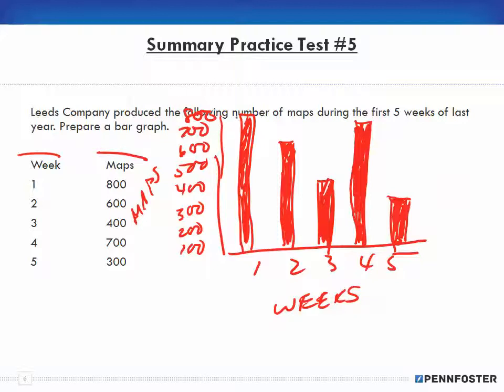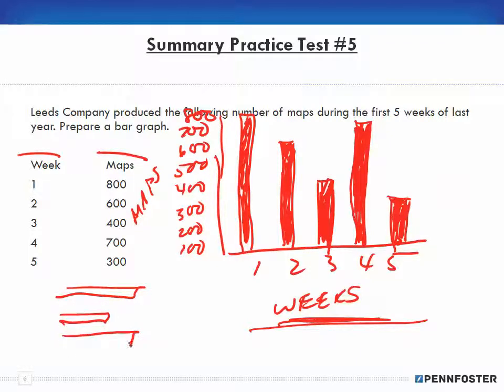It said here, Leeds produced the following number of maps during the first 5 weeks of last year. So intuitively we're looking at the weeks, and that's what we want to go across the bottom. I mean, we could have put the weeks up the side, but then our bar graph would have ended up looking like this instead. It would have been a sideways bar graph.